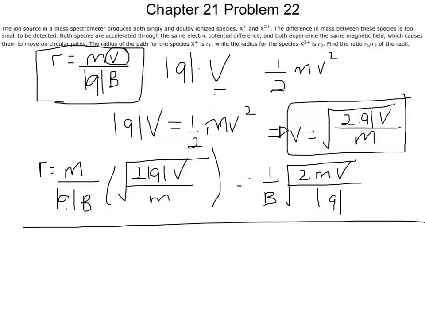Instead of Q, you're just going to put E, and we're just going to use E to represent the charge on the electron.